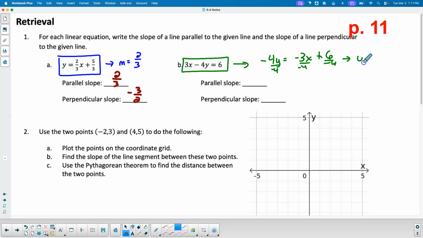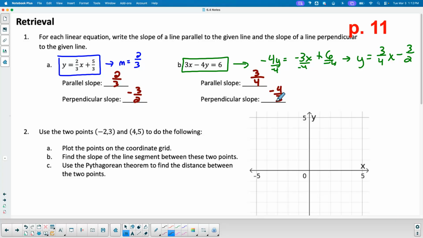So that's going to give me y equals +3/4 x minus 3/2. So what's the slope of that line? 3/4. So what's my parallel slope? 3/4. What's my perpendicular slope? -4/3. Love it. Good job.